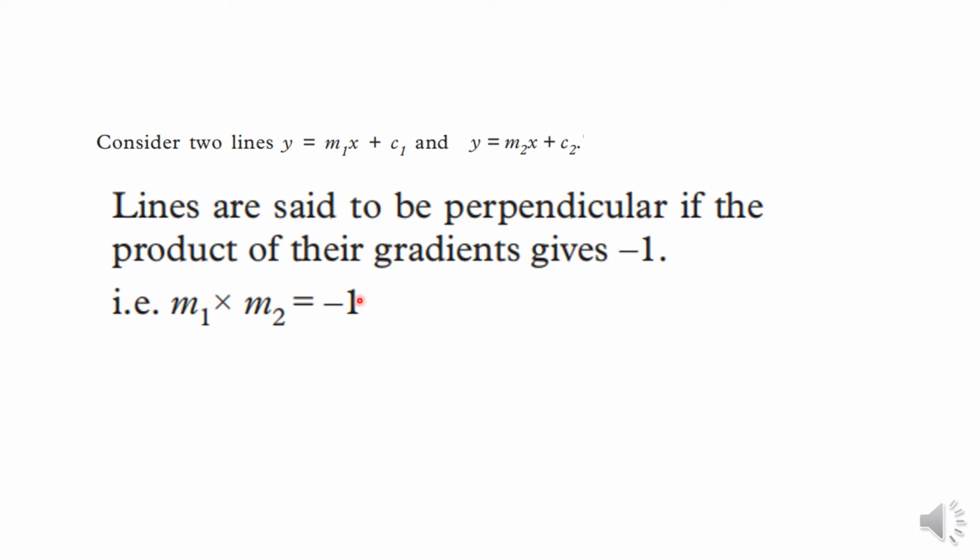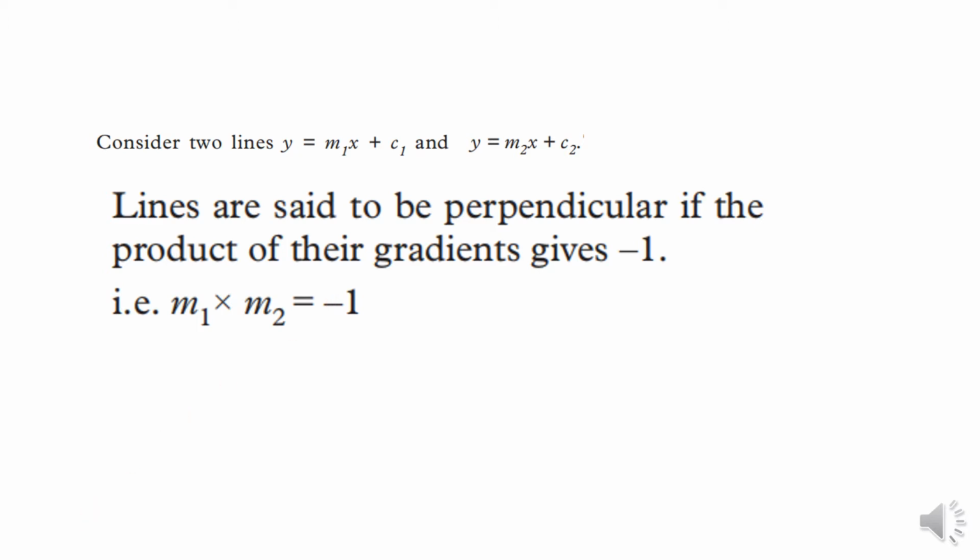It means that m1, the gradient of the first line, times m2, the gradient of the second line, is equal to -1. If the product of the gradients is equal to -1, we conclude that the two lines are perpendicular.